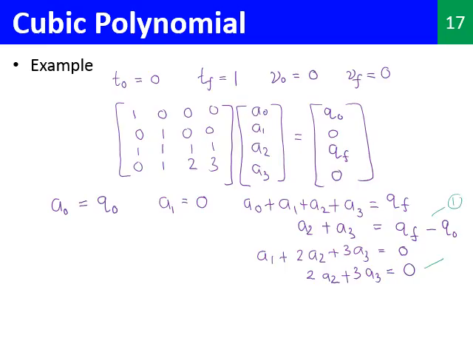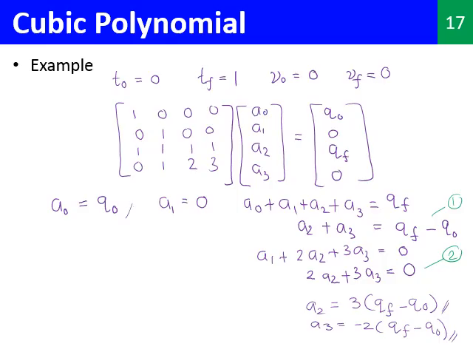So we have two equations, and we can solve for a2 and a3. If we do that, we find a2 equals 3 times (qf minus q0), and a3 equals minus 2 times (qf minus q0).